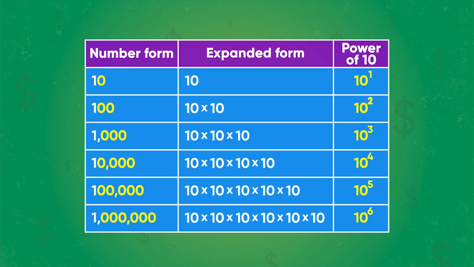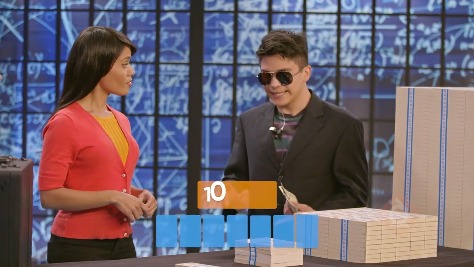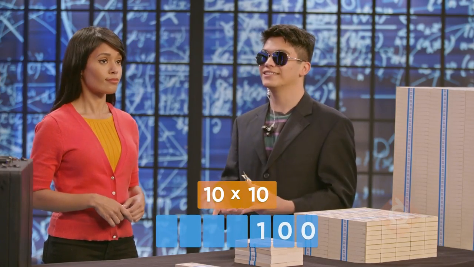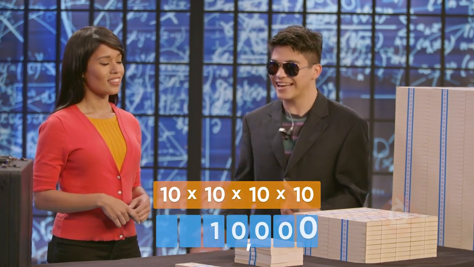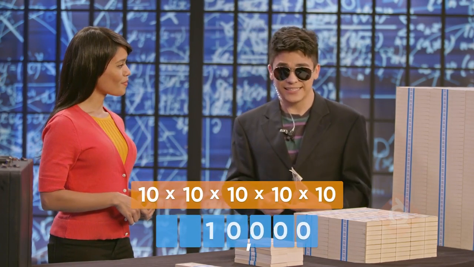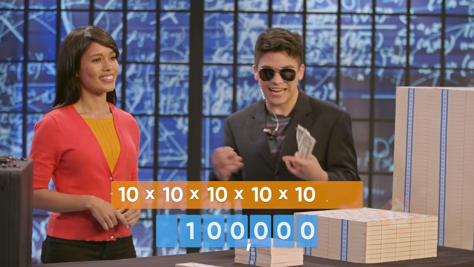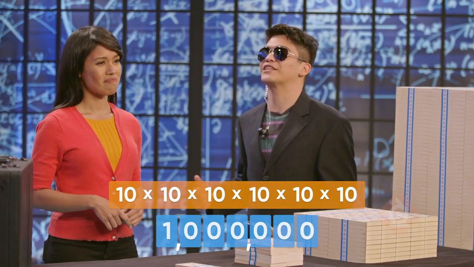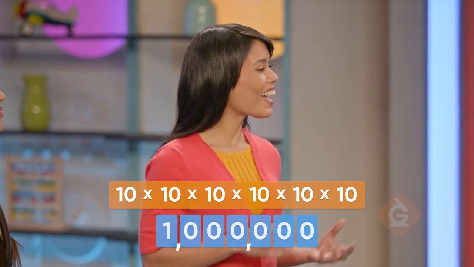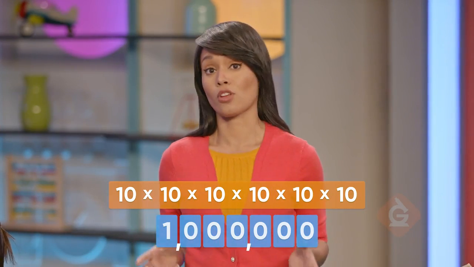Another pattern is that each time you multiply by 10, the digits shift 1 position to the left. Ooh, let's see that. 10 times 10 is 100, times 10 is 1,000, times 10 is 10,000, times 10 is 100,000, times 10 is 1 million. The digits shift 1 place value to the left each time. Excellent. That knowledge will help us solve problems.